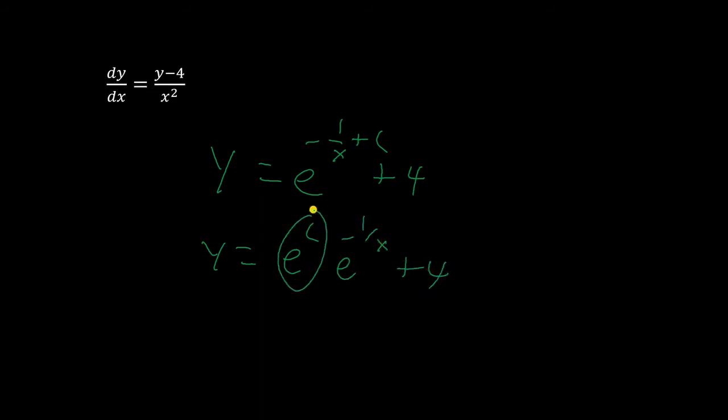And since e to the c is just a constant, this e to the c is just going to be another constant. So I can replace the e to the c with just a plain c, giving y is equal to c e to the negative 1 over x plus 4. Then if you're given an initial point, you could plug that in and solve for c.